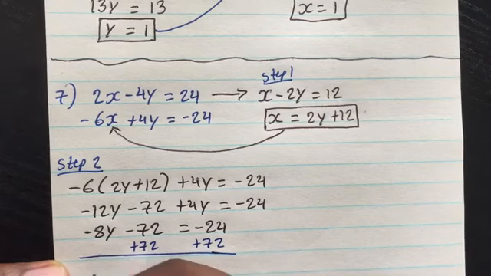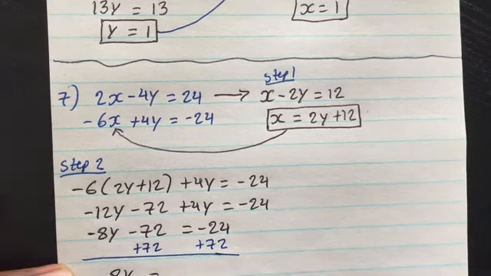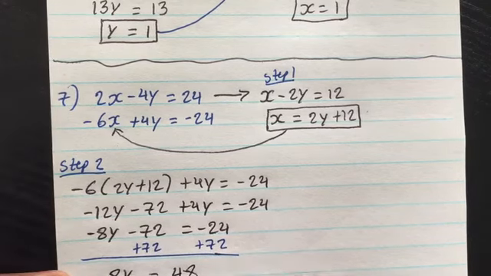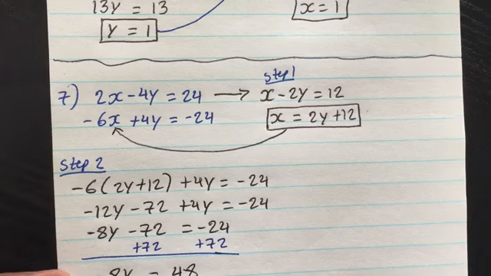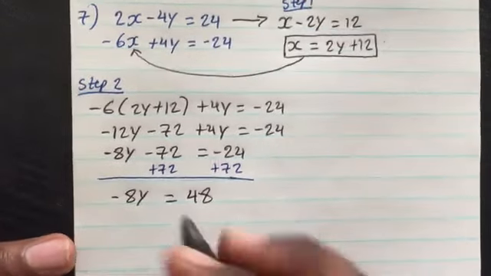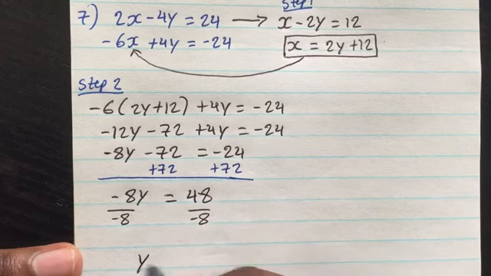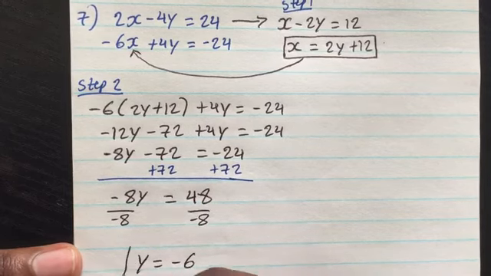And that will give you negative 8y equals 72 minus 24, that is 48. Divide by negative 8 on both sides. Y equals negative 6.